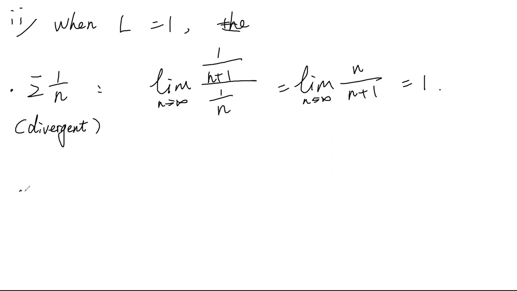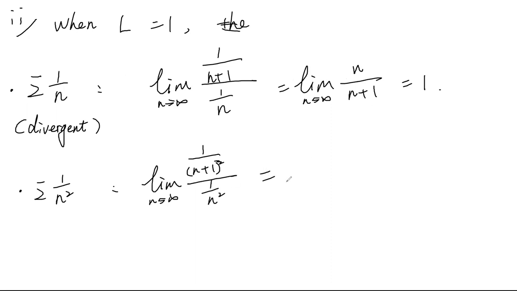And as a comparison, we can consider 1 over n squared. Again, we calculate the limit as n goes to infinity of 1 over n plus 1 squared divided by 1 over n squared. This is equal to the limit of n squared divided by n plus 1 squared, and this is also equal to 1. You can check it yourself. But this series is convergent.